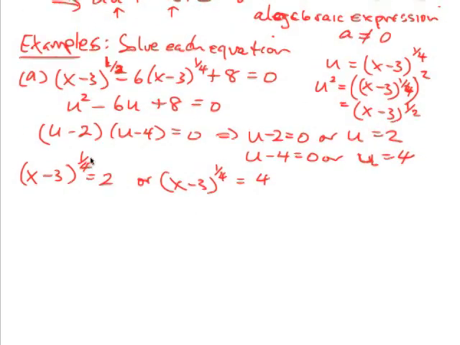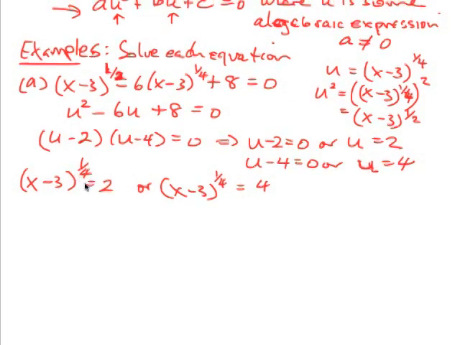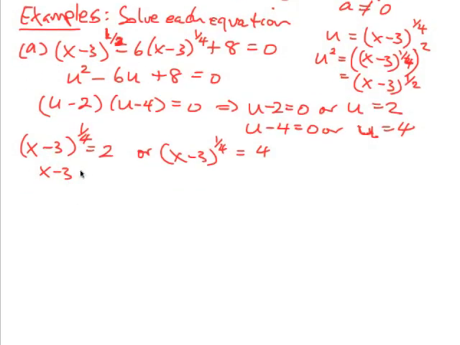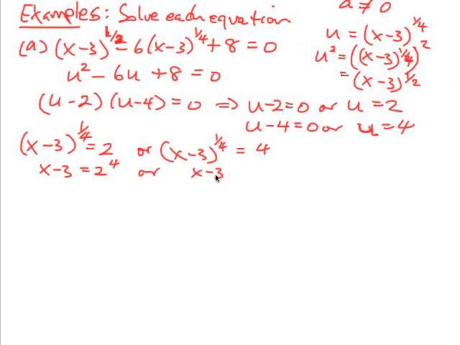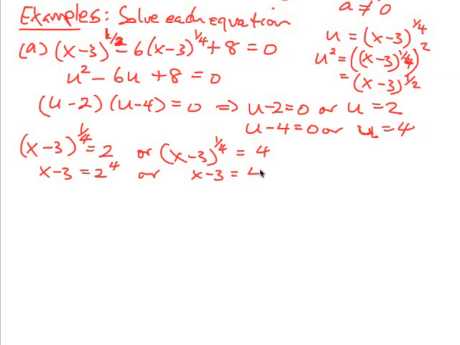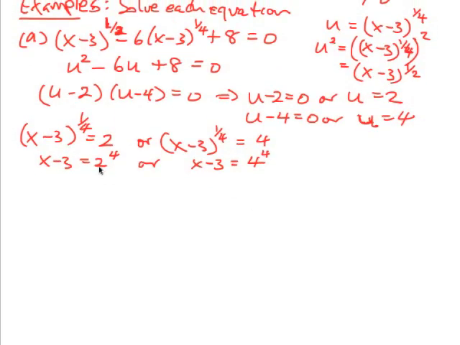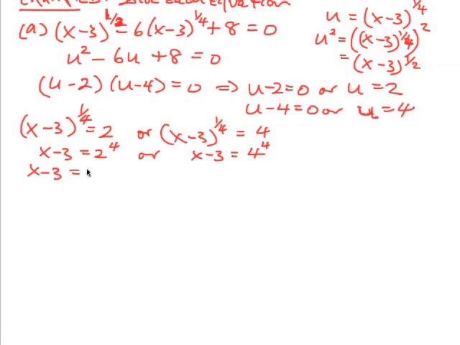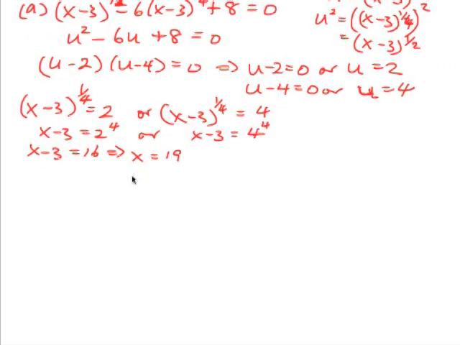Now, how do we get rid of a fourth power? Well, that's a fourth root, so we take it to the power of 4. So I'd end up with this, like so, which means here we have, of course, 2 to the power of 4 is 16, which implies that x is equal to 19.